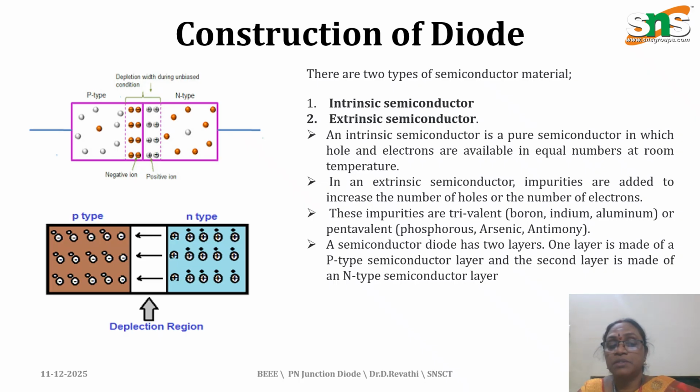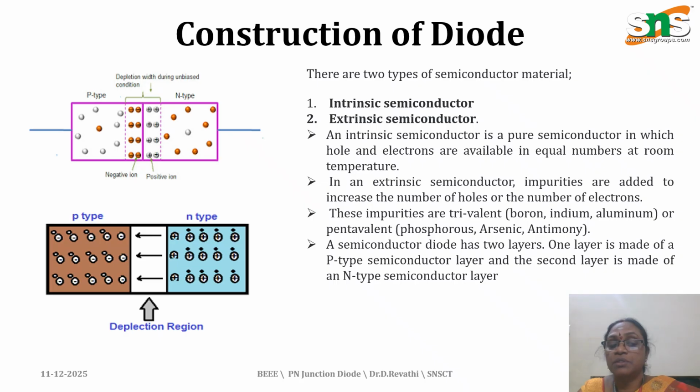If you join these two materials, a layer called the junction is formed, which is the depletion region. How is the depletion region formed? Electrons from the N-type material diffuse into the P-type material and recombine with the holes, and they are neutralized. Likewise, holes from the P-type material diffuse into the N-type material, recombine with the electrons and are neutralized. The process continues until there are no more electrons and holes to recombine.